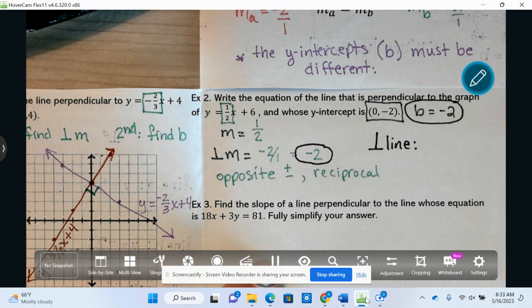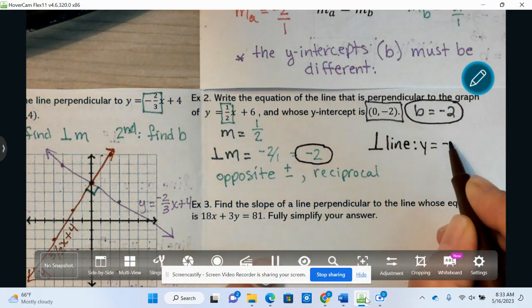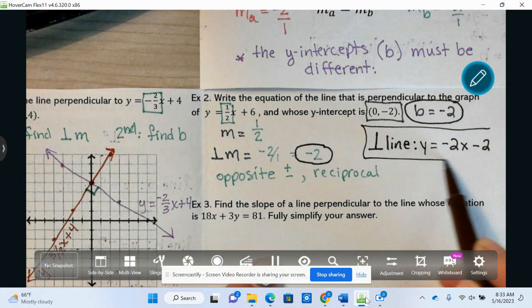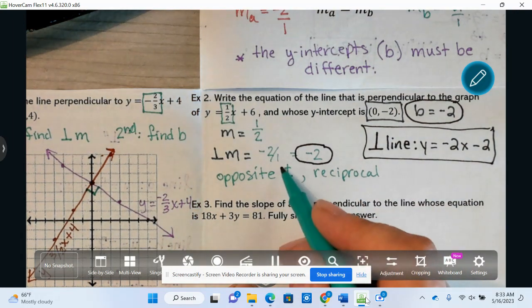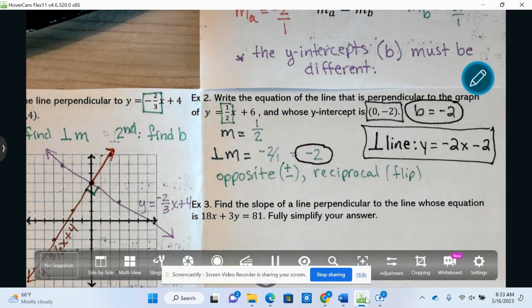Well, it starts off with y equals. Yeah, y equals -2x minus 2. That's exactly correct. Remember that opposite is the change of the sign. Reciprocal, I'm going to write flip. Maybe that'll help you. Opposite means you change the sign, and reciprocal means that you flip.